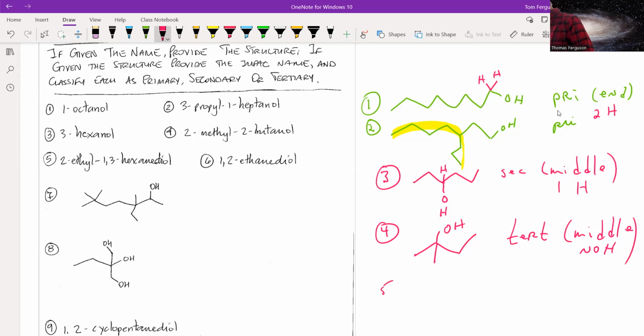Okay, so we're going to go, and it's on carbons 1 and 3. And 2-ethyl.